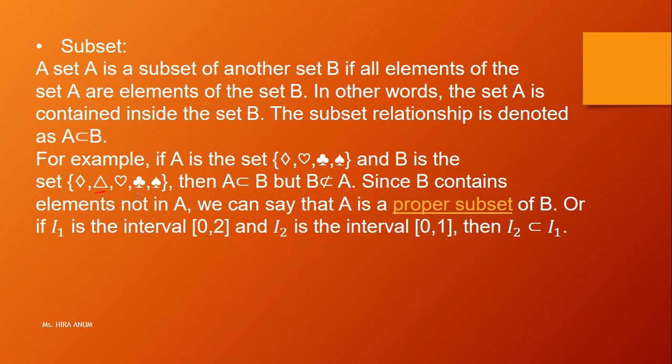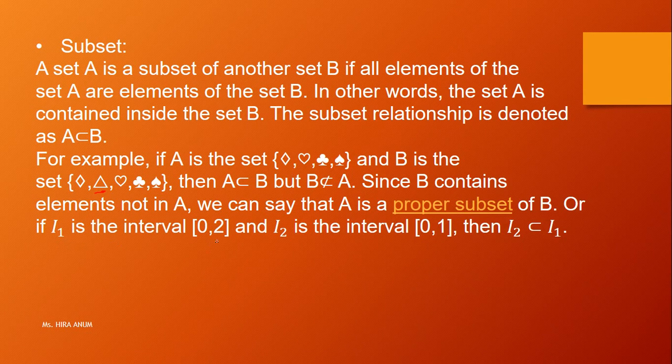B has a triangle which does not belong to A. So A is a subset of B, but B is not a subset of A. B contains an element not in A. So A is a proper subset of B.